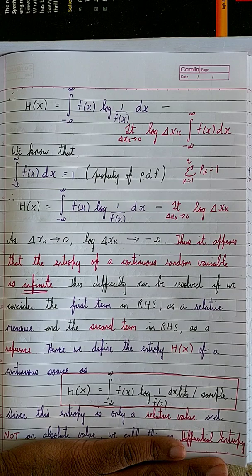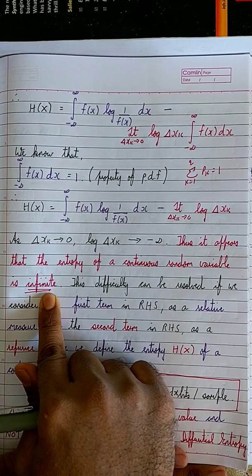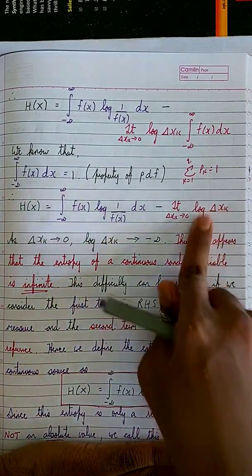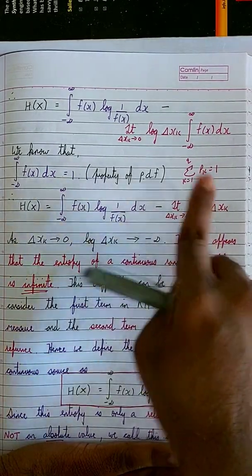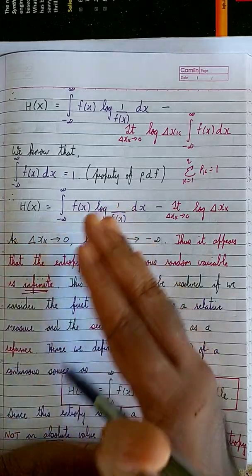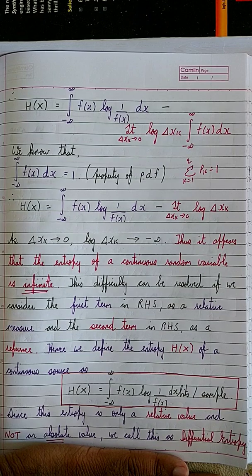I repeat, the ordinary entropy, the normal entropy that you have studied before, if you apply the same entropy to a continuous time signal, you will definitely get the value as infinite, because log 0 is infinite. Since log 0 is infinite, h of x is infinite, which means the entropy of a continuous signal is infinite, which is bad news for us.